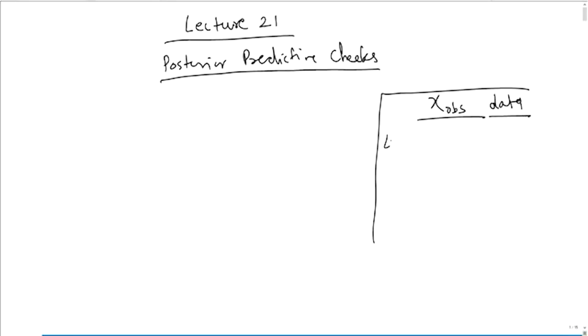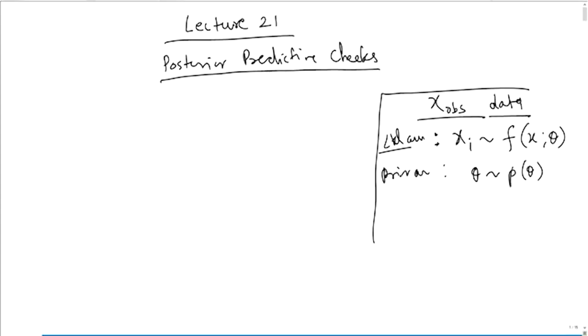This is your likelihood assumption: you assume that x_i, the data in the ith trial, comes from the underlying function f of x given theta. And then you make some prior assumption about the parameter theta. Let's say theta comes from p of theta. This is your model so far.